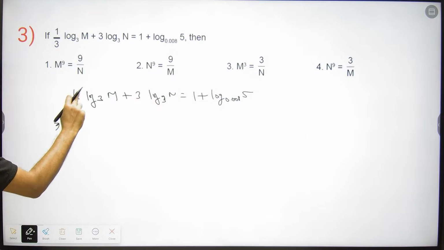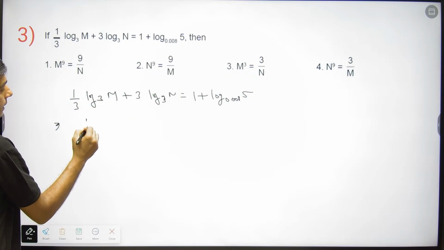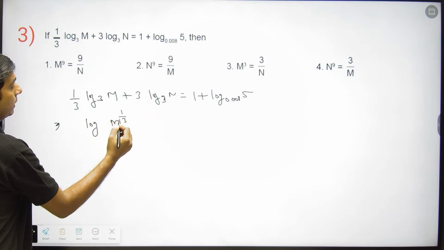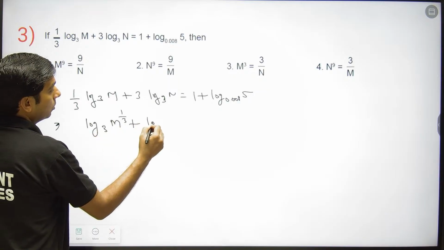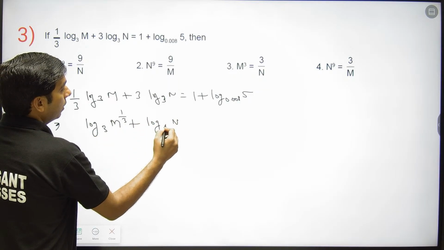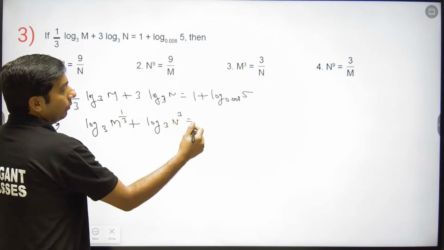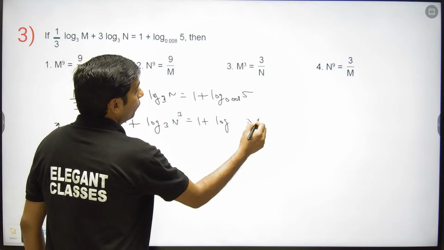So again here the base is 3 for both the logs, so I can write it as log m to the power 1 by 3 to the base 3 plus log n to the power 3 to the base 3 is equal to 1 plus log 5.